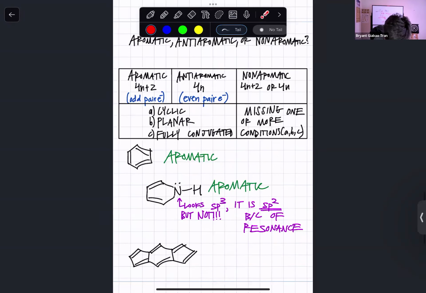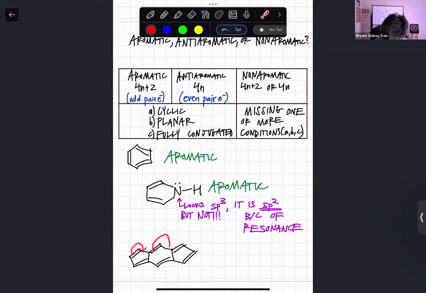Okay, so this structure here is fully cyclic, right? Because all the electrons here are in a ring. There are 3 rings fused together, making the overall structure cyclic. It is also planar because all of the atoms here in the structure are sp2 hybridized, right? Every single atom is sp2, sp2, sp2, sp2, sp2. And because it's planar, and it's sp2 everywhere with no sp3 roadblock, it's also fully conjugated, right?